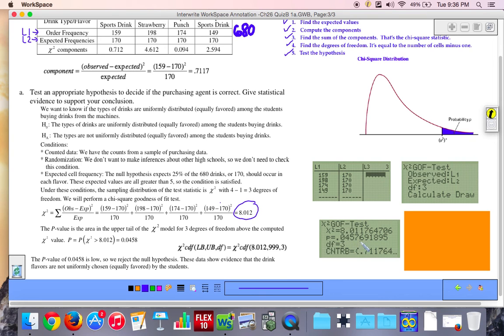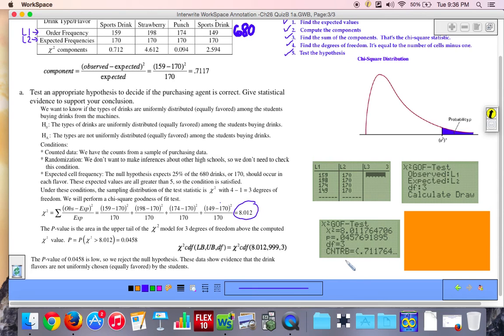So we're going to reject the null hypotheses. It tells us our degrees of freedom, and then it tells us this abbreviation stands for the individual chi-square components. And this is going to be important to us, so I want to take a look at this and how we can use this information to answer questions.